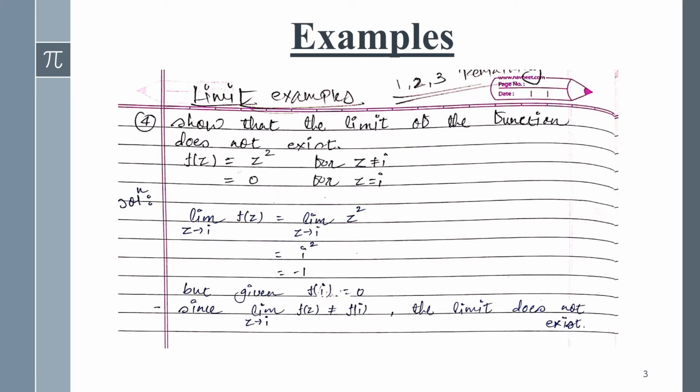Now let's start the examples of limits, and I will explain the definitions right here: how and what we have to find to show whether a limit exists or not. What we have to prove and show, we will discuss directly in the examples, so I'm not giving the definition.